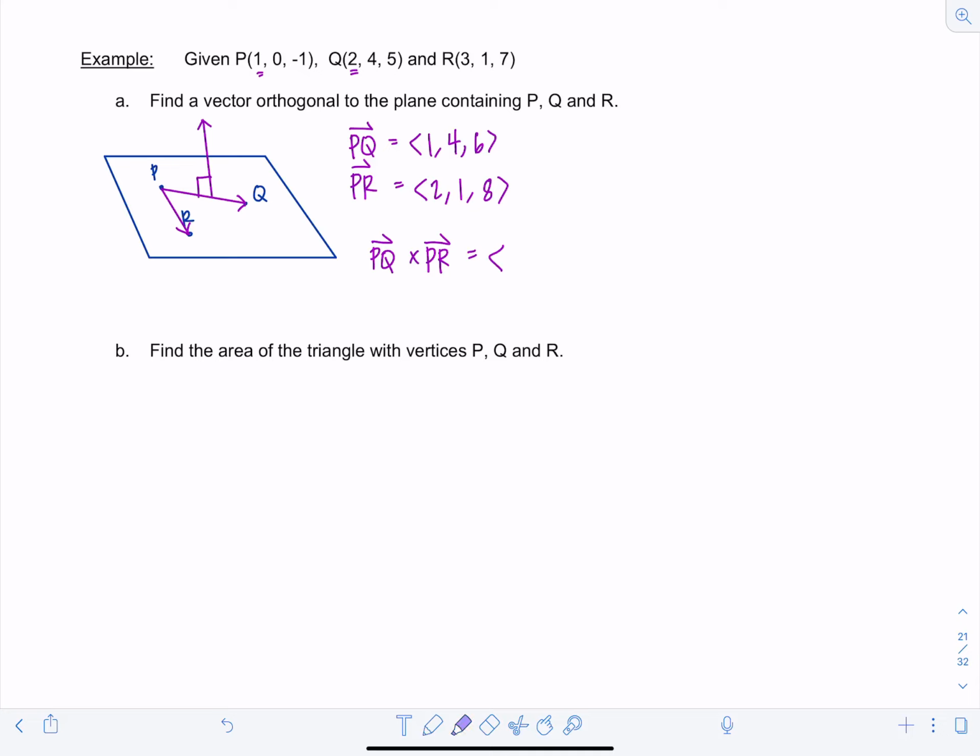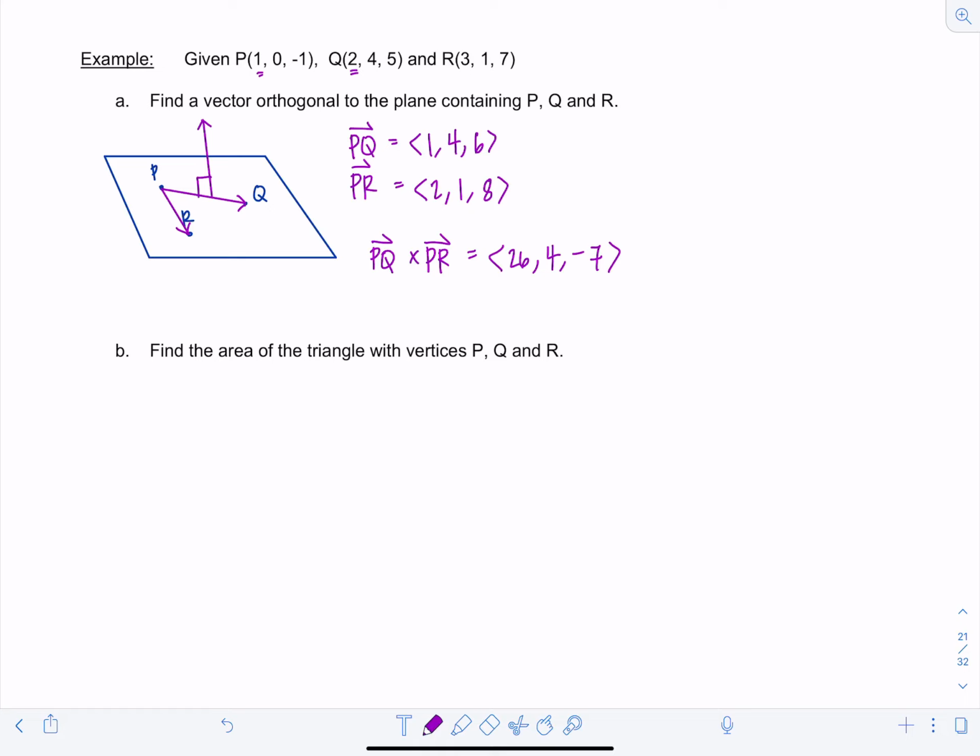You're in Calc 3, come on, you can do it. So imagine I hat, J hat, K hat's crossed out, so that's going to be 32 minus 6, so that's 26. Okay, next one. Imagine top row's gone. Now multiply in the opposite direction. So you're going to do 12 minus 8, so that's 4. And then last one, that's going to be 1 minus 8, so -7.